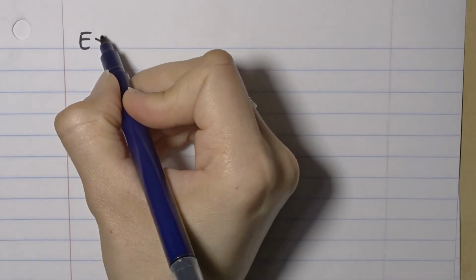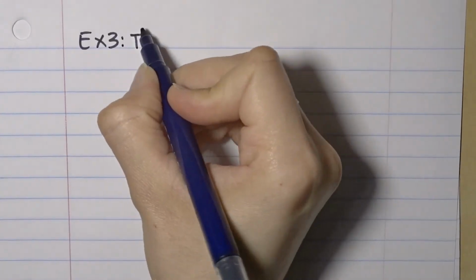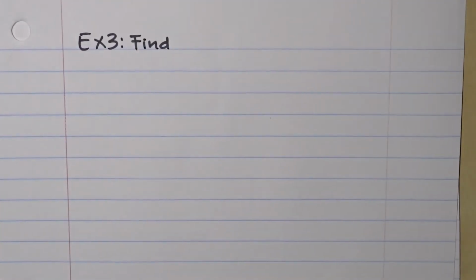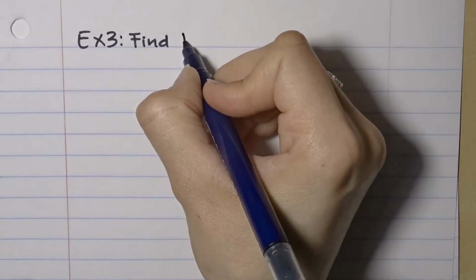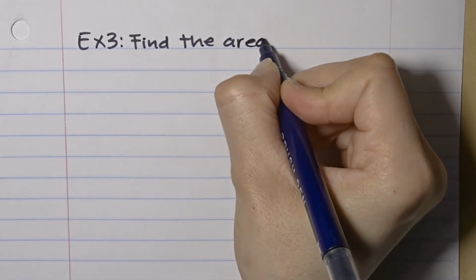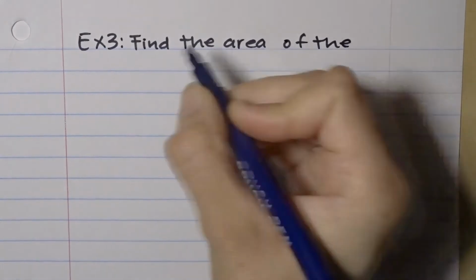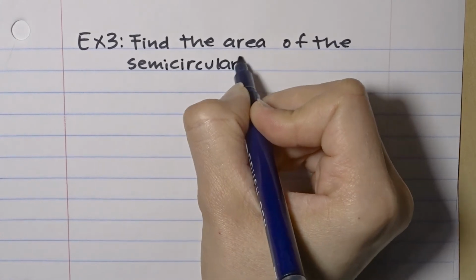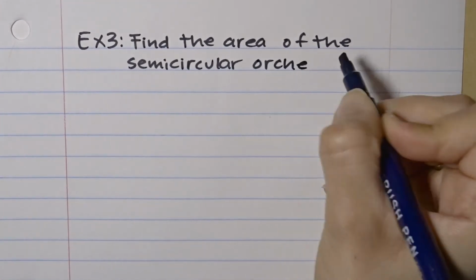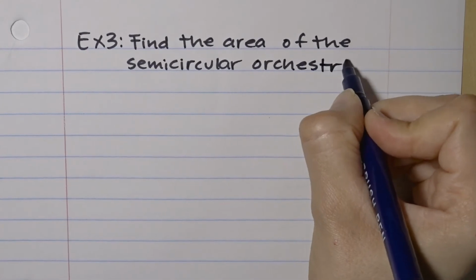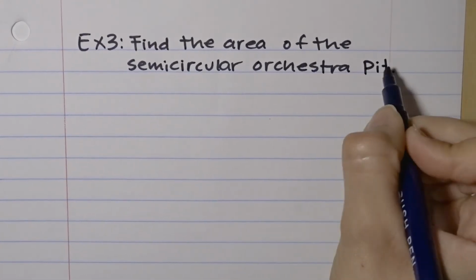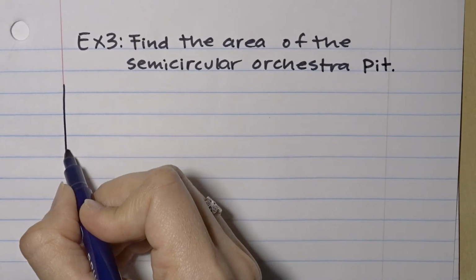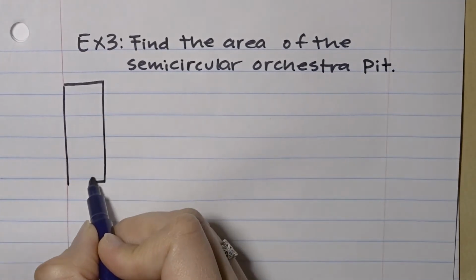All right, so for example 3, it's a real life application. It says to find the area of the semicircular orchestra pit. And so you're given a stage, I guess where the performers would perform.